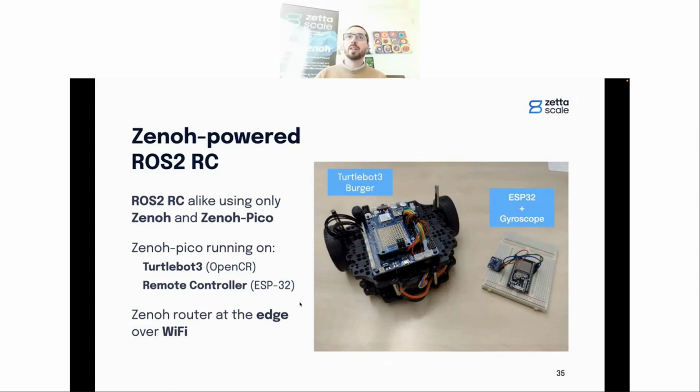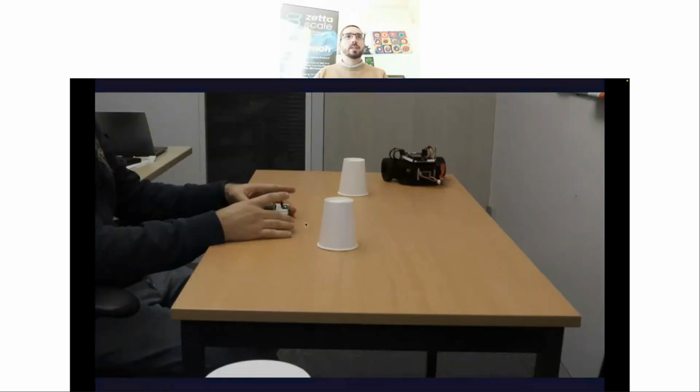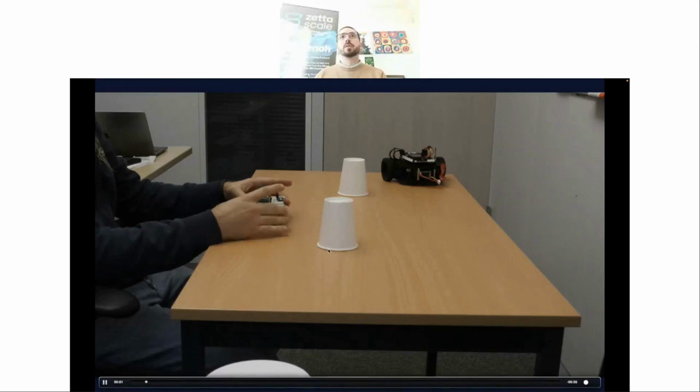We just had to plug our Wi-Fi interface into the OpenCR board. And then it was running Zenoh Pico on the OpenCR board. And we had the same controller as I just showed you. And then we have a Zenoh router at the edge that is connecting both of these entities for their communication. And here is a short video of it.